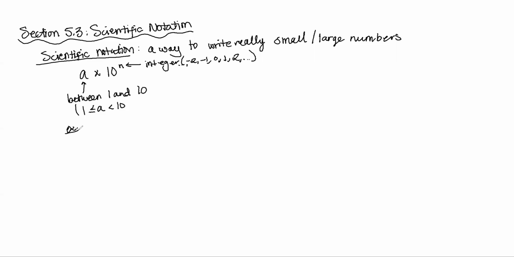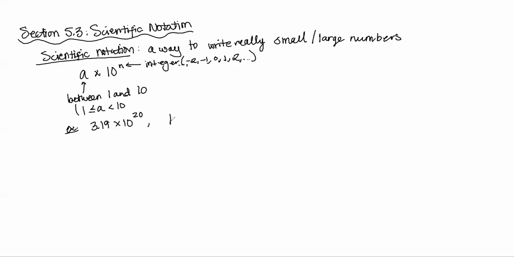And some examples here. Something like 3.19 times 10 to the 20th. And like we'll see, this 10 to the 20th means that this decimal is actually 20 places further out to the right. So instead of having to write all of those zeros, we're just going to write it as times 10 to the 20th and kind of reduce it down a little bit.